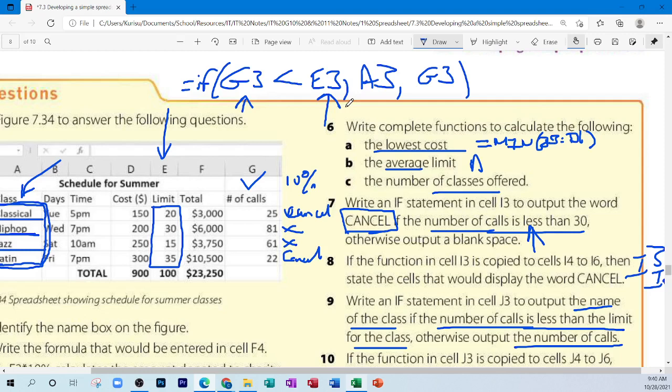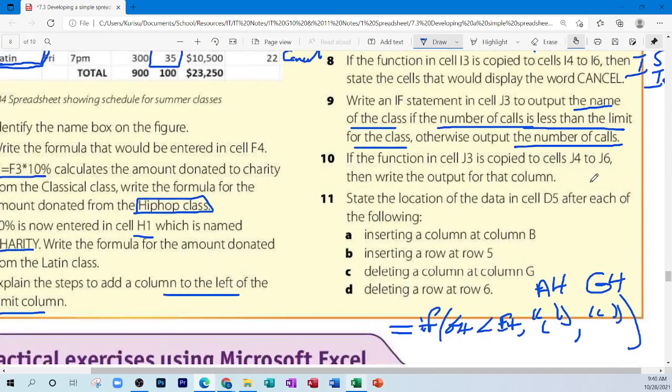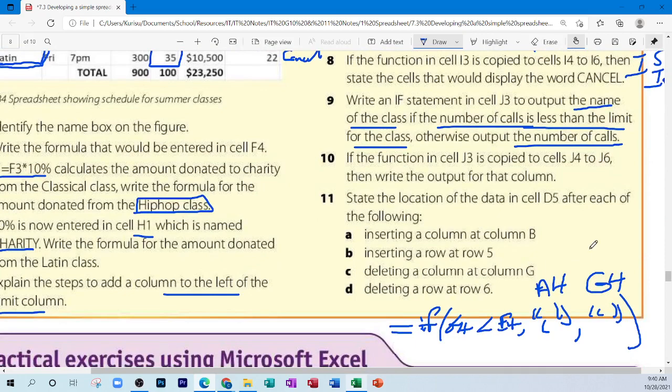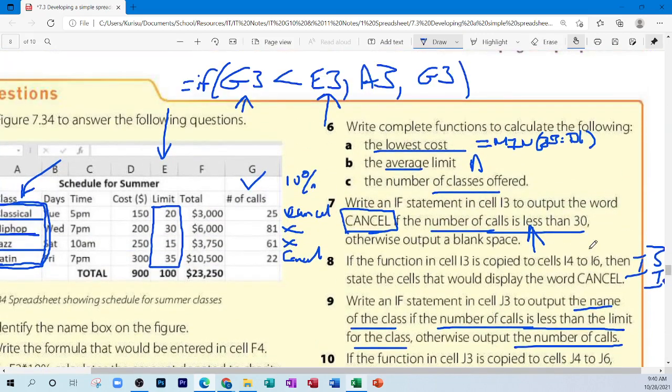Yes, sir. So those that put the quotation marks, hope you understand why we use the cell name and not the quotation mark. You use quotation marks basically if you want something specific to appear. Think of it that way.